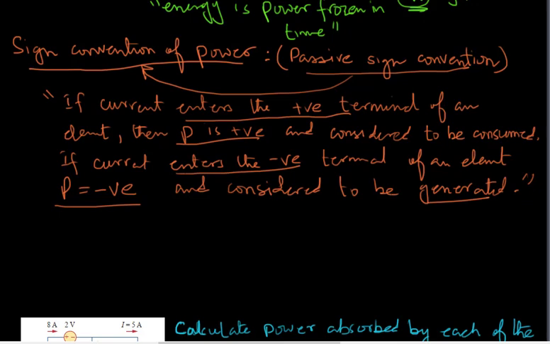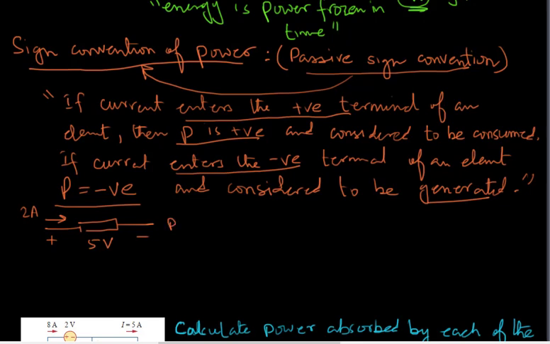So, for example, if you have an element, we don't know what the element is, with 5 volts across it like this, and you have a circuit, and you can see that 2 ampere of current is entering like that.